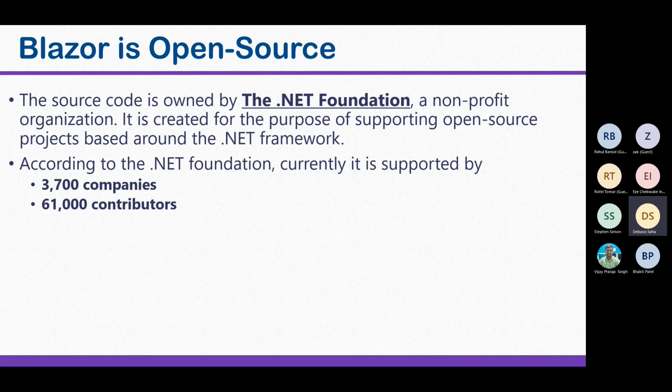Around 56 active projects are running which use the Blazor framework, and around 462 new resources are available in the GitHub repository under the Blazor repo, which can be used at any time as a reference.